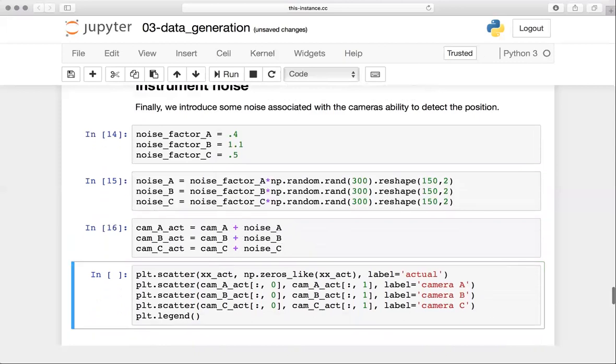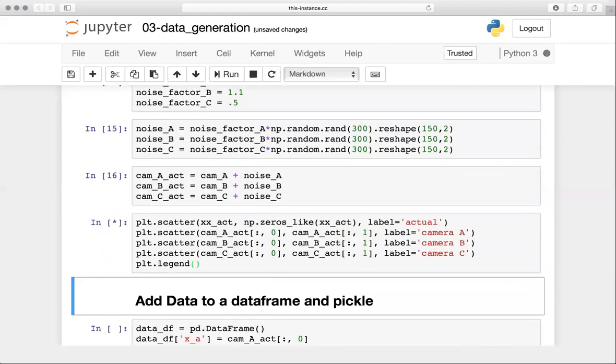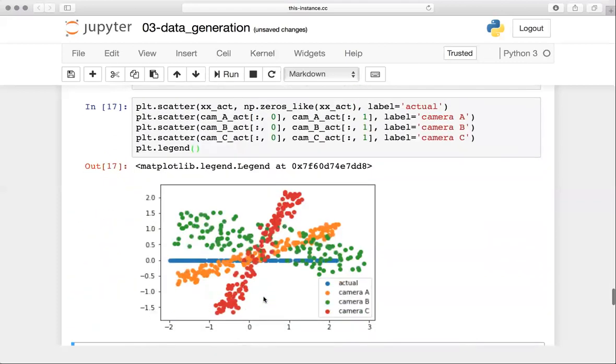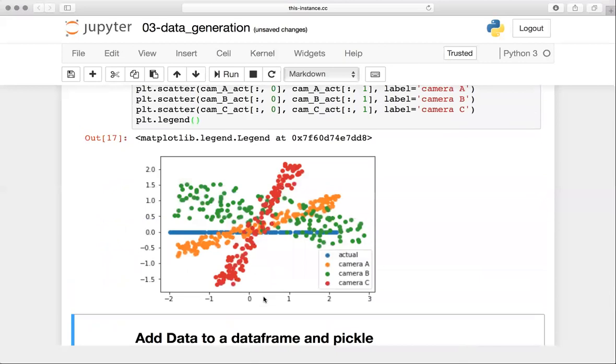We've got that. And let's go ahead and plot those guys. And here we go. And you can see now we've got a little bit of a problem here. You probably can use your human intuition to see that there is this linear relationship here, and there's a linear relationship there, and there's a linear relationship there.